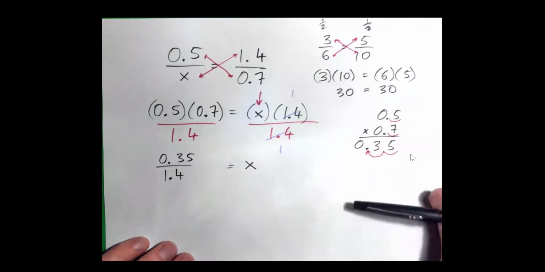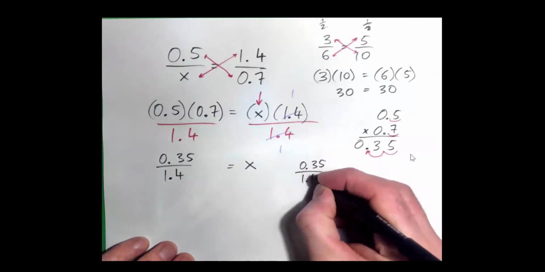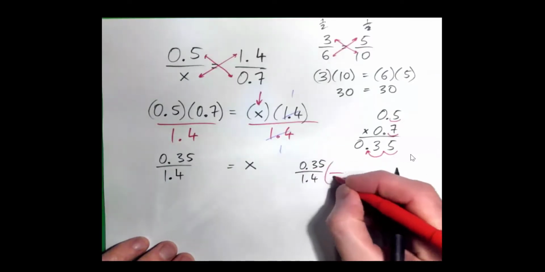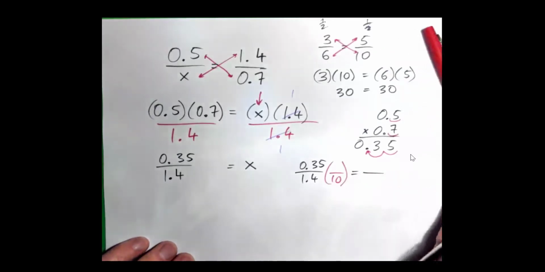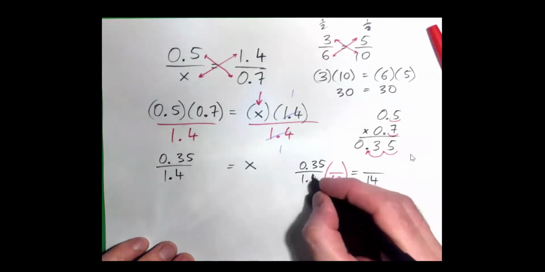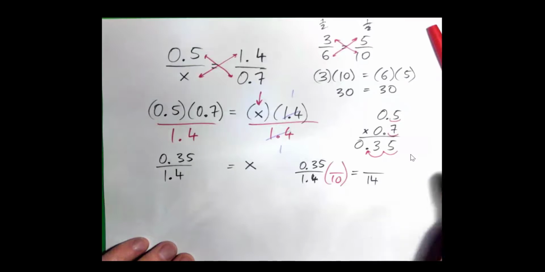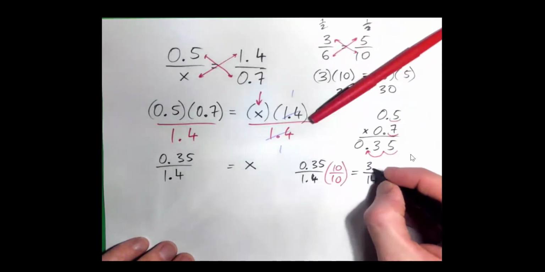So 0.35 over 1.4, times 10 over 10, because I know that 1.4 times 10 gives what? 14. Good. Like $1.40 times 10 is $14. And if I multiply the bottom by 10, I must multiply the top by 10, and that gives me 3.5.